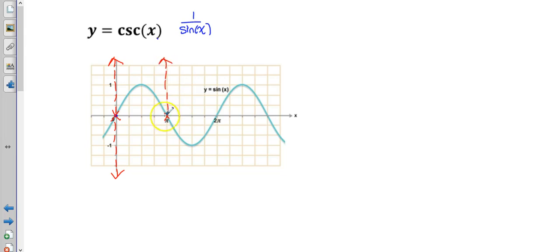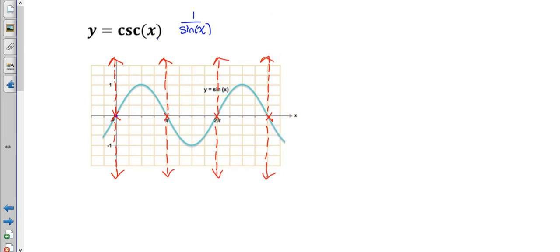So everywhere where we see the sine function cross the x-axis, those are now going to be asymptotes. So now we already know where those guys are going to be.